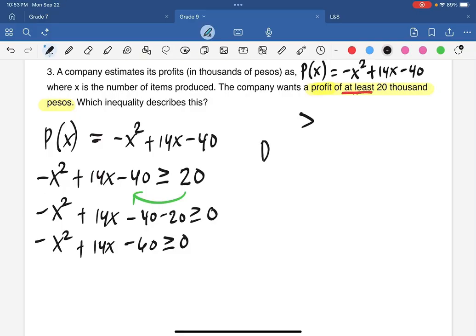For the discriminant, if you can still remember, it is just b squared minus 4ac.